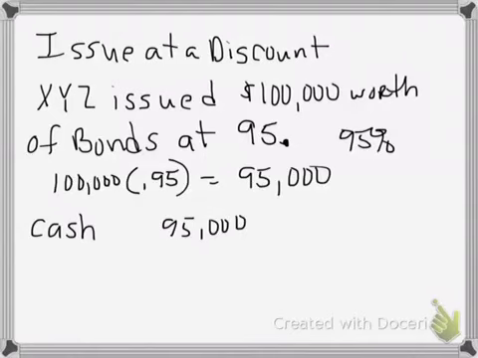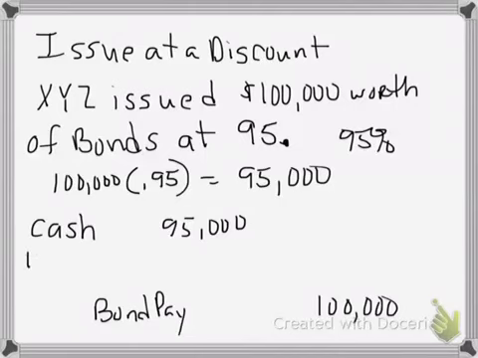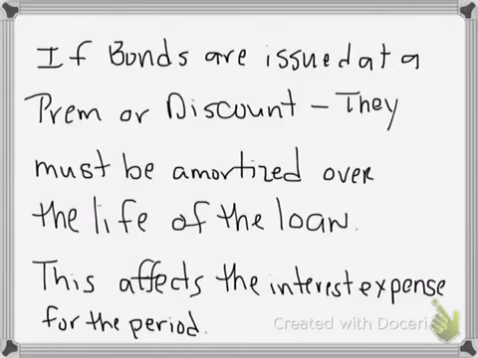But when that bond matures, we have to pay the full face value of that bond, which is $100,000. Debits and credits don't equal. We do have to have an account for this, discount on bonds payable, and that is going to be for the difference, which is that $5,000. So now when we get through, we do have this journal entry where everything is in balance.